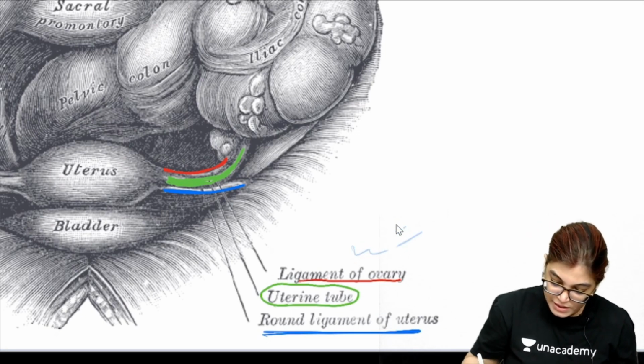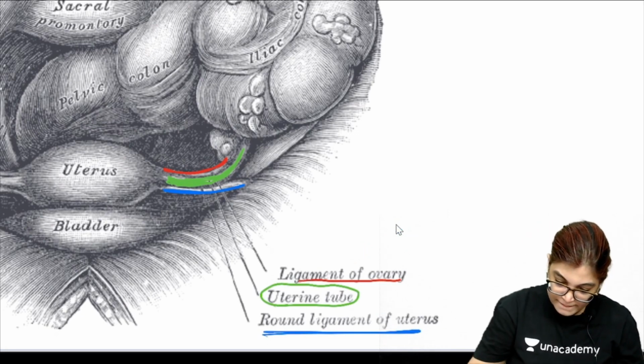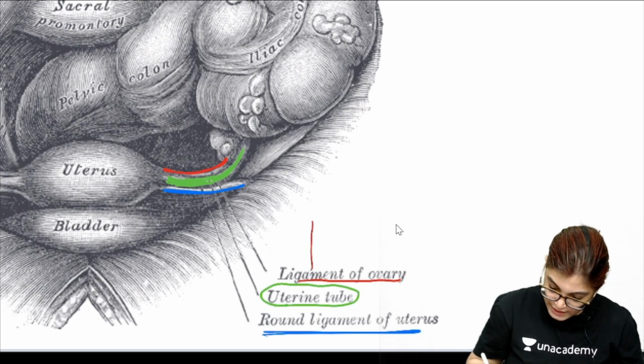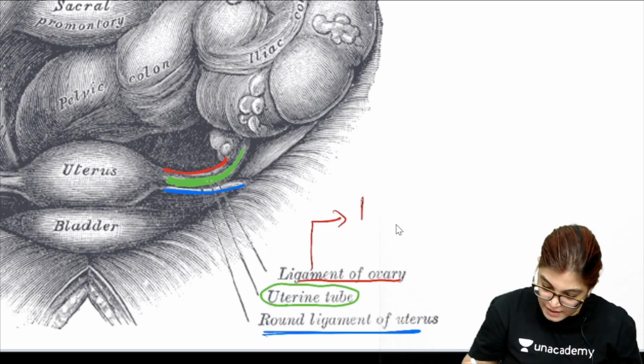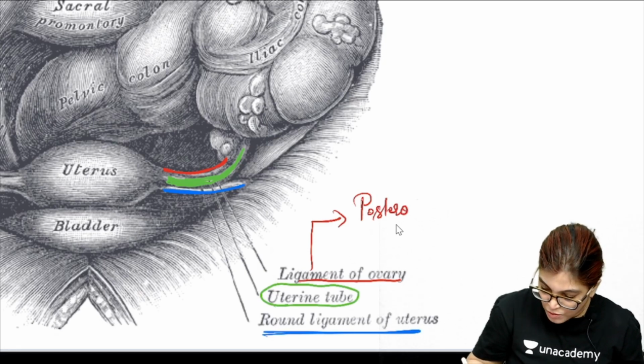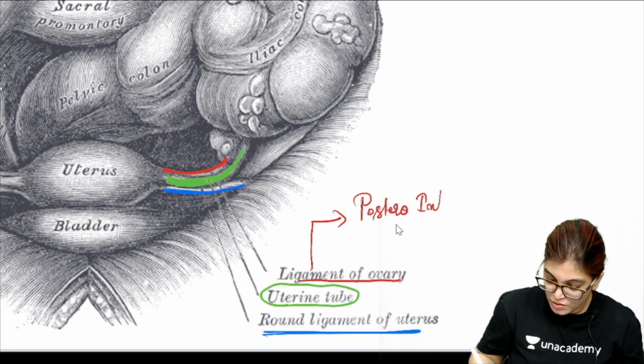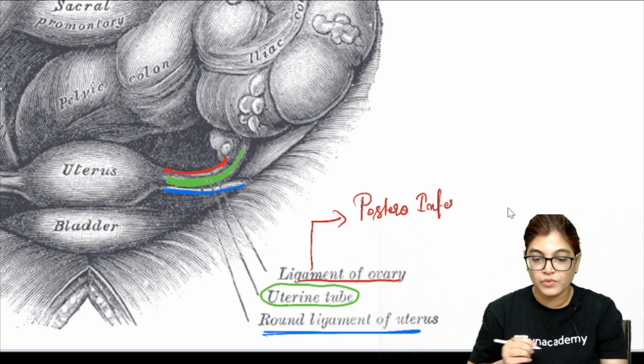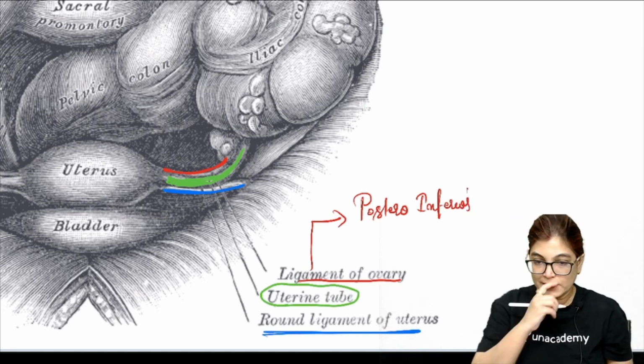Just write down the important relation here. Red color for ligament of ovary, it lies postero-inferior to the uterine tube. So we are taking the landmark fallopian tube, that is uterine tube.